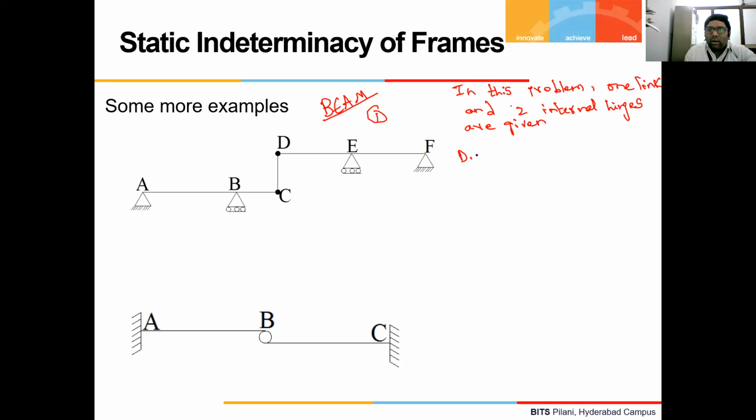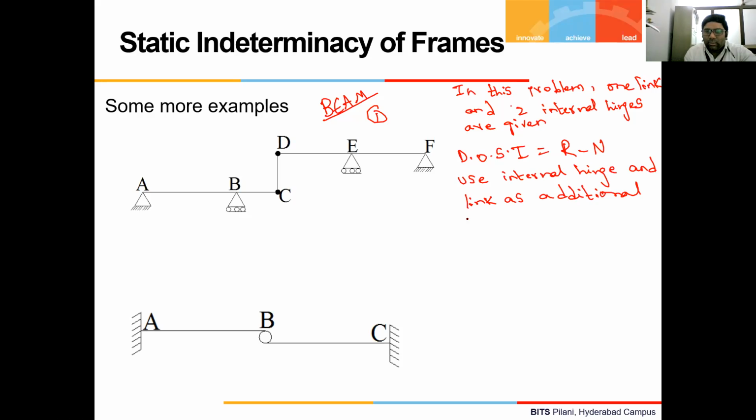So degree of static indeterminacy is equal to R minus N, and use internal hinge and link as additional known equations.